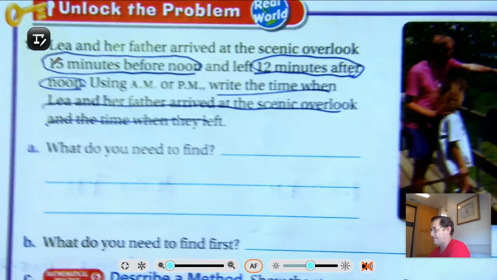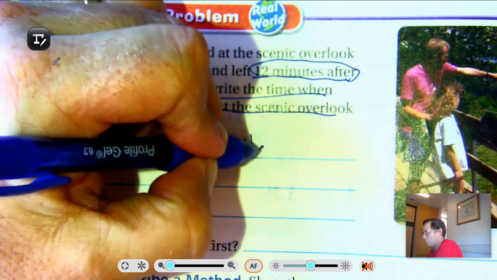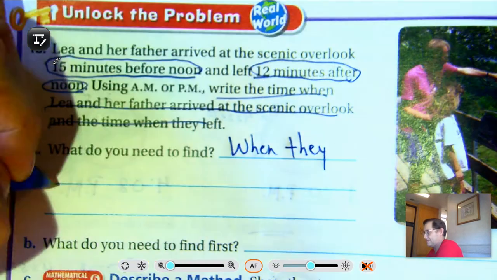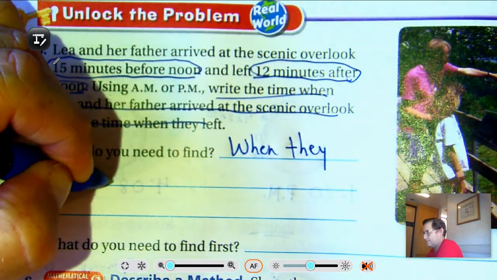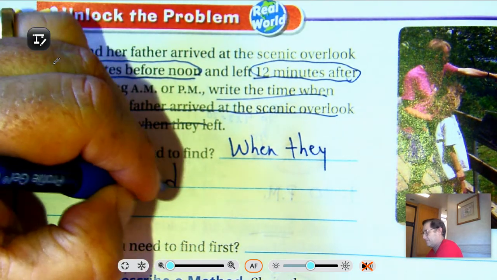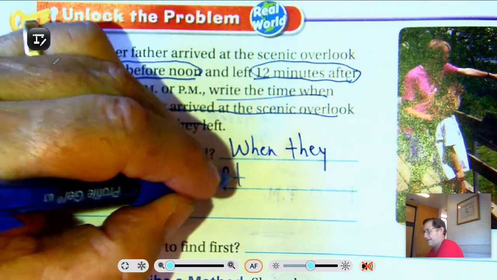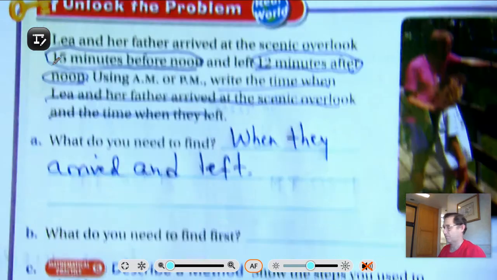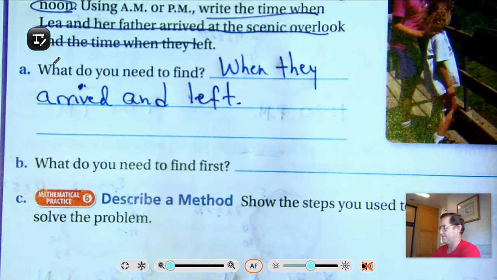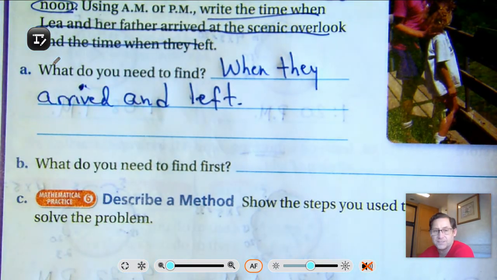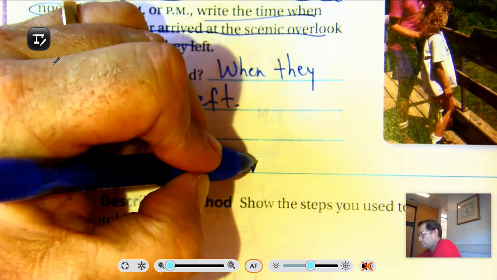All right, what do I need to find? When they arrived and left. When they arrived and when they left. What do you need to find first? Well, when they got there.